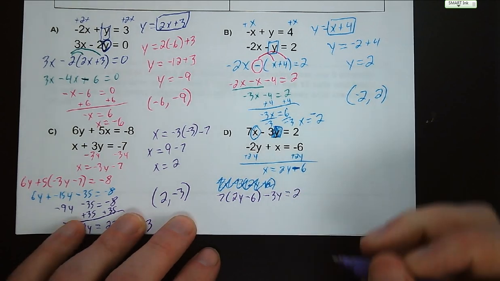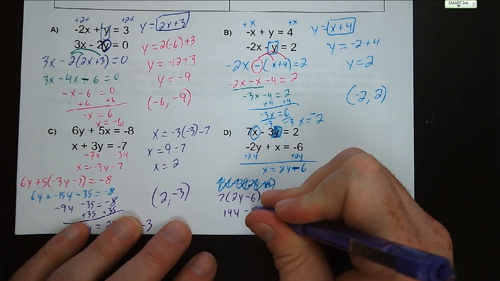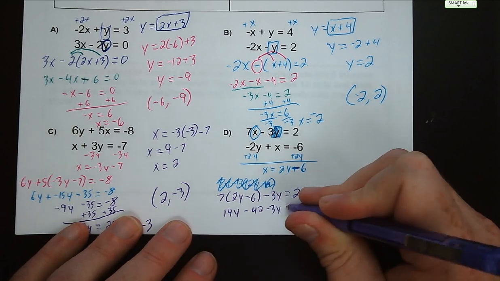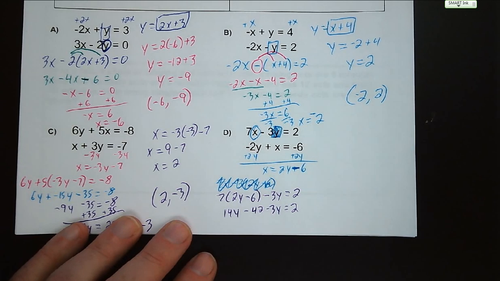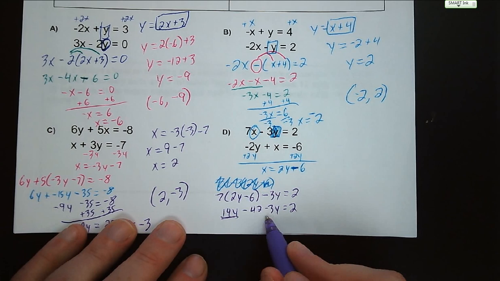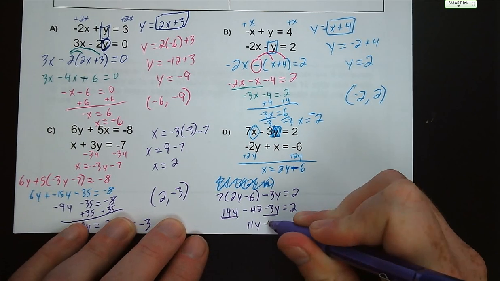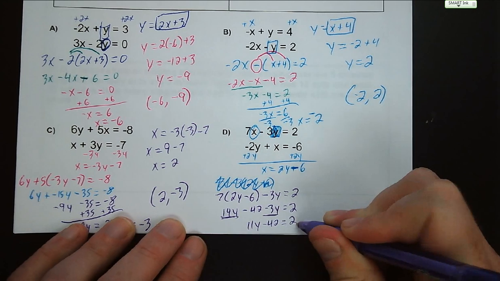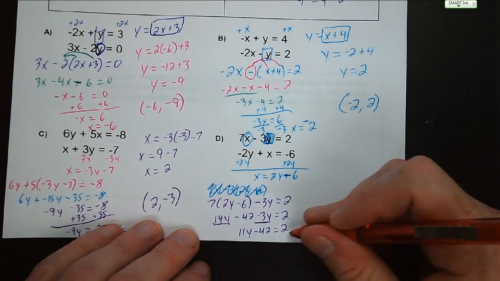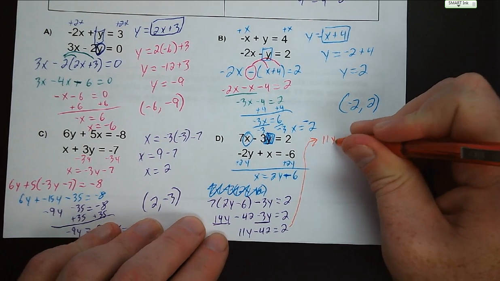When we distribute, we get 14y minus 42 minus 3y equals 2. Combine like terms, we have 14y and negative 3y, so that's 11y minus 42 equals 2.